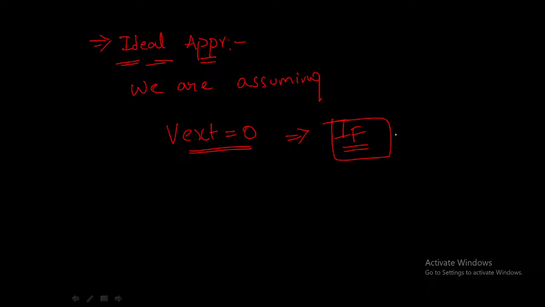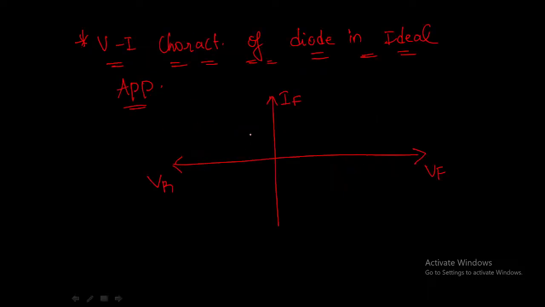Huge amount of forward current will flow through our diode. This is the approximation we are going to make in our ideal approximation. So our VI characteristics curve will look like this. At 0 forward voltage VF only, we have a high current.